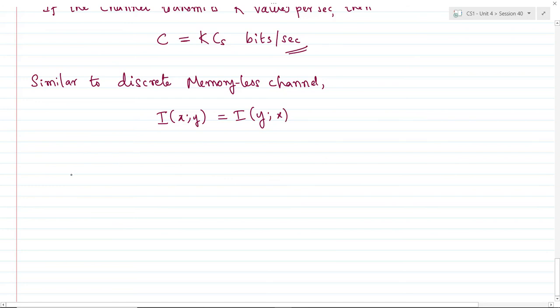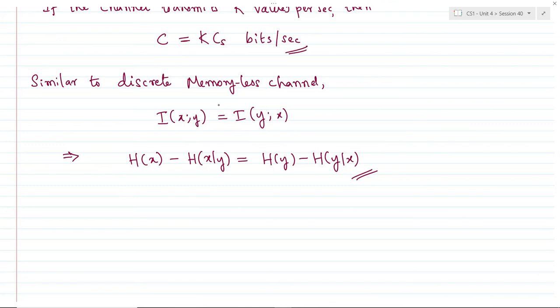Okay, that can be verified. The left hand side is h of x minus h of x given y, and the right hand side is h of y minus h of y given x. Okay, so this completes the definition of mutual information using the definition of relative entropy or differential entropy of the source, and hence we try to define the channel capacity.